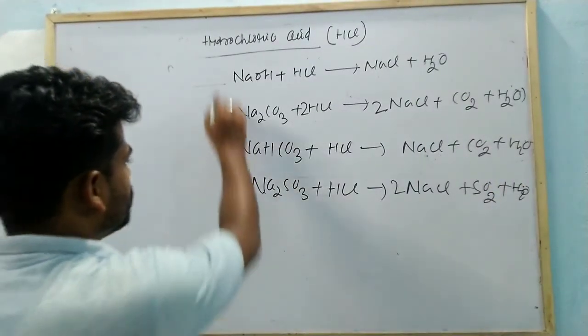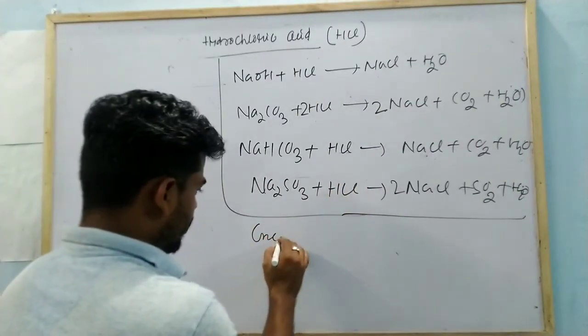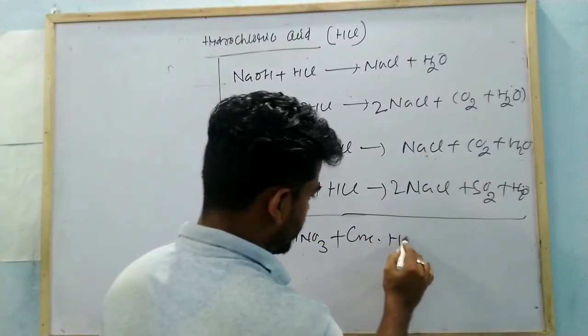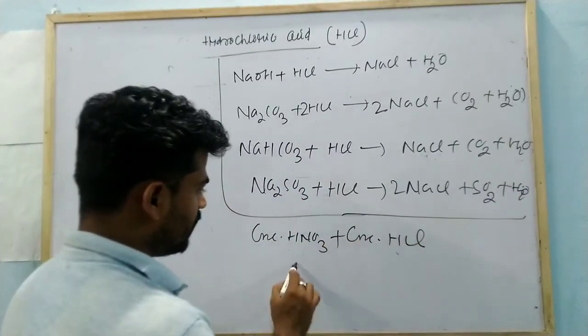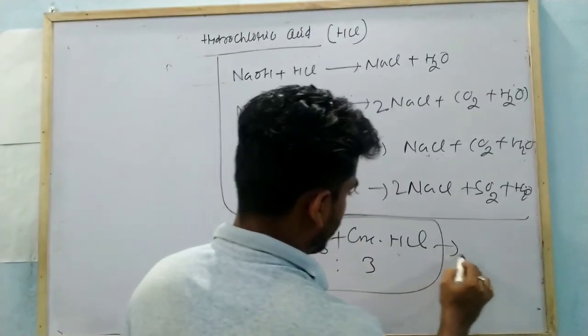Another thing you should remember, very important: concentrated HNO3 plus concentrated HCl in the ratio of 1:3 is a mixture known as aqua regia.